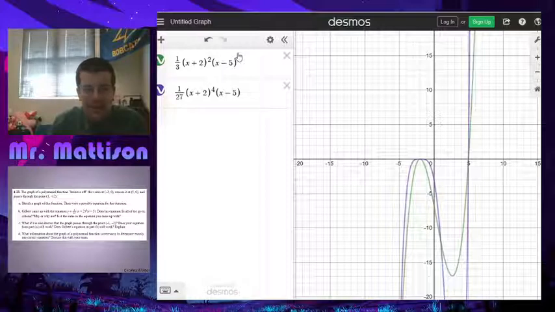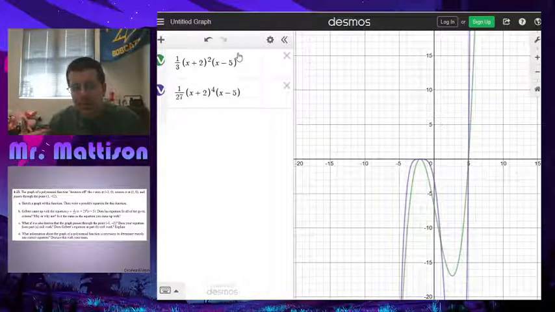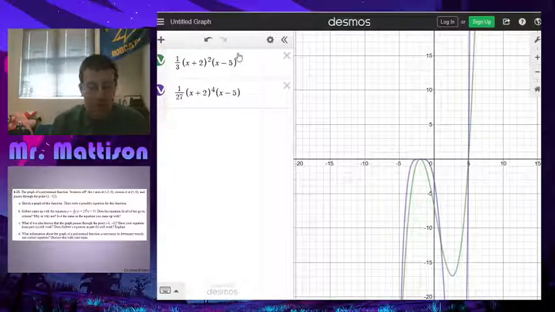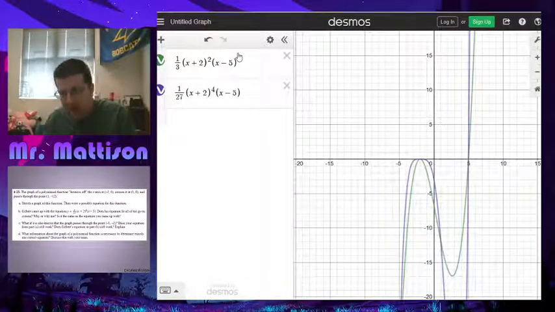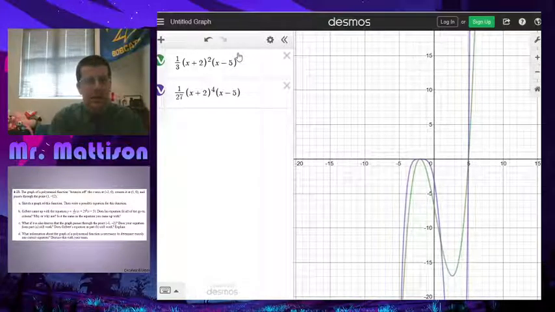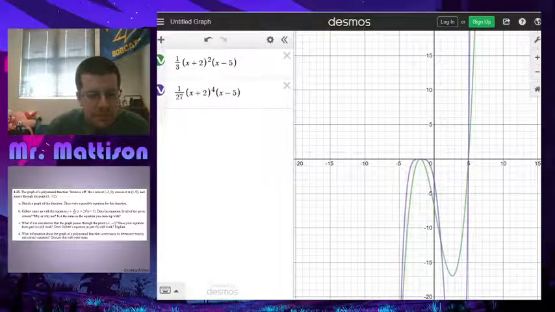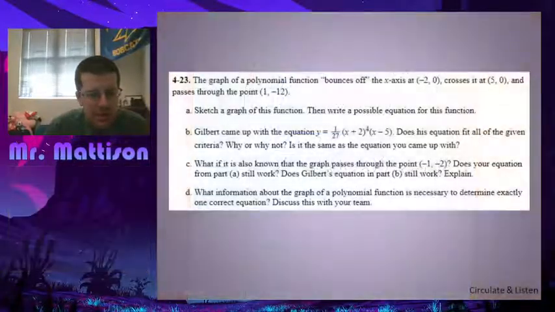We like these smaller ones versus the more complex ones if they still give us the same results. So quite often on these statements, you're going to see that qualifying statement of, hey, find the polynomial with the least degree possible that meets these criteria. It bounces here, it touches here, it goes through here, and stuff like that.